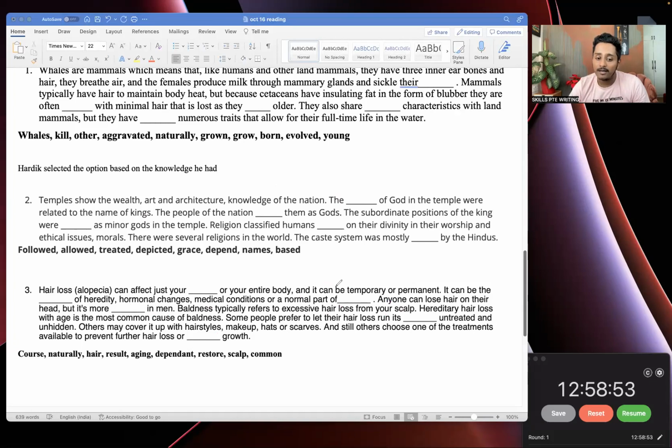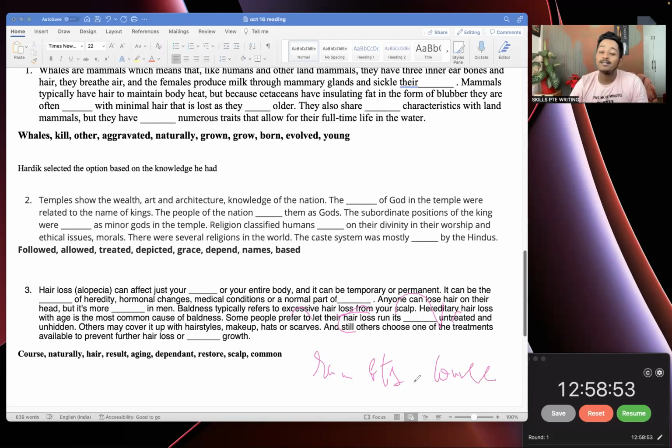Some people let the hair loss run its course means do whatever it wants. Let it fall. They will not do anything. To what extent it wants to fall, let it fall. That is running its course. Run its course is a collocation.